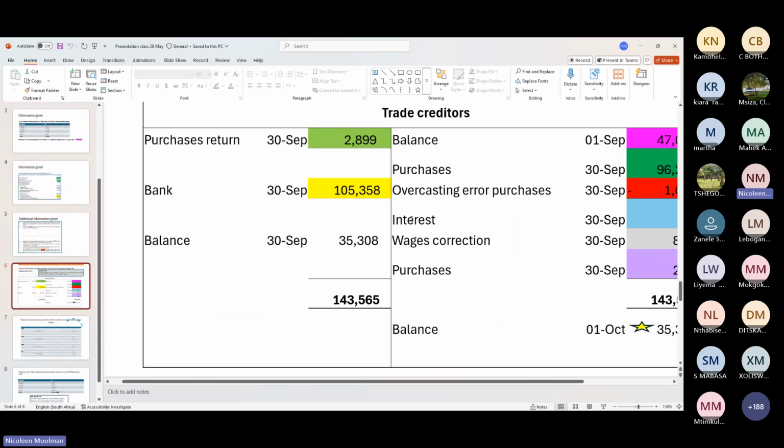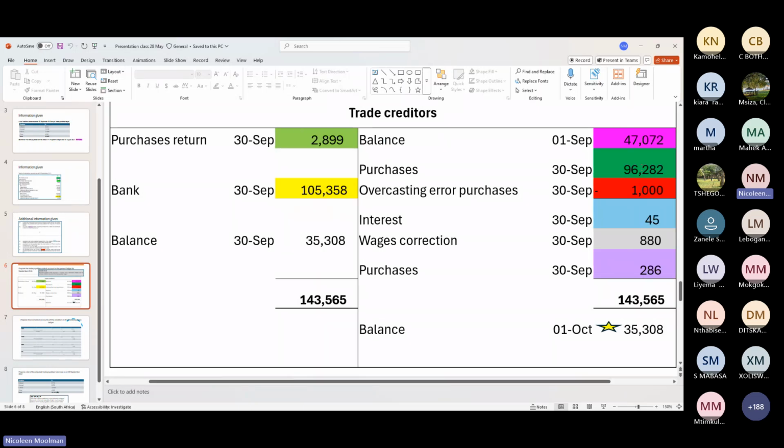If I go back here, to reduce that, you just take the 96,282 and deduct R1,000 from that to fix that error, to get us to the correct purchase number, which is 95,282.